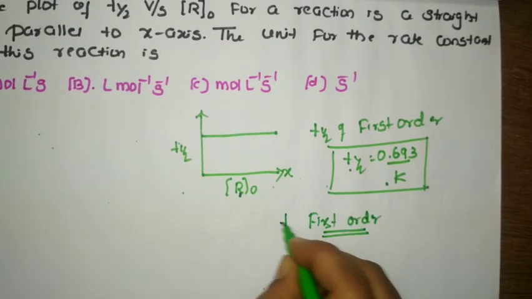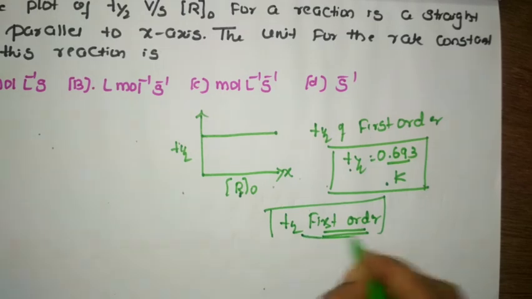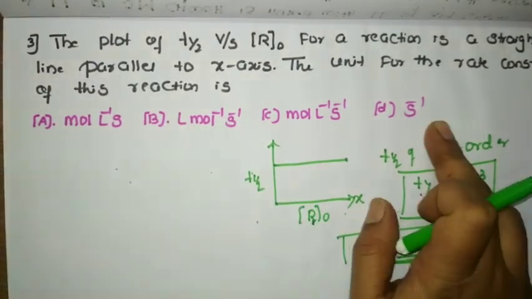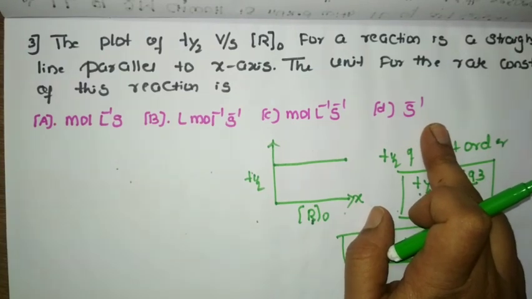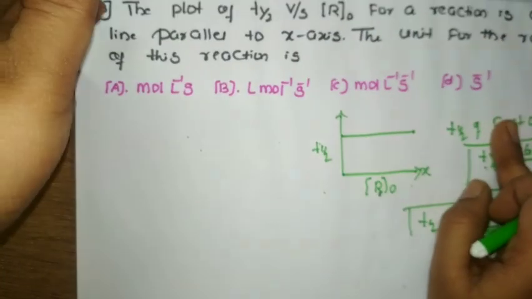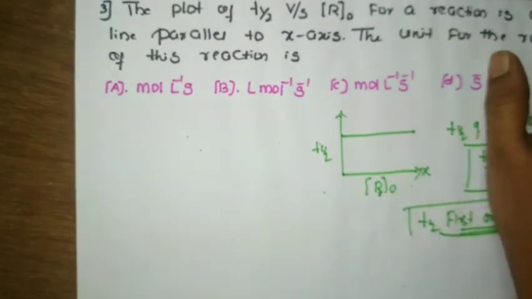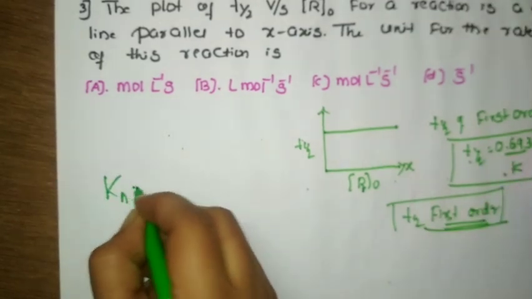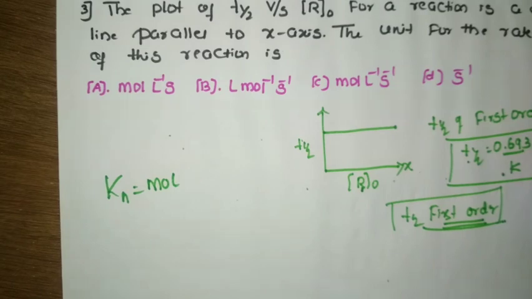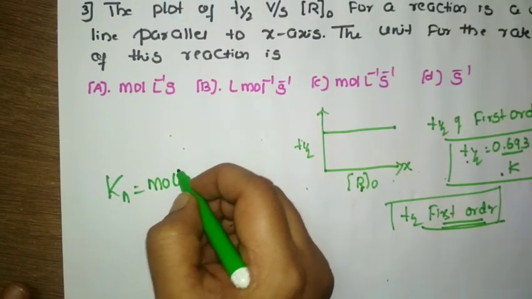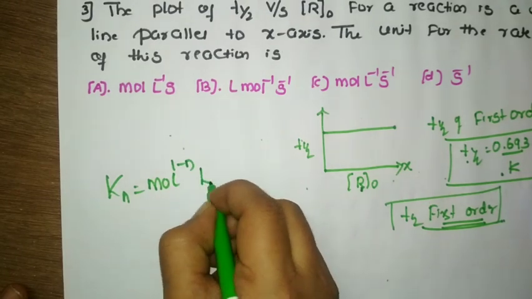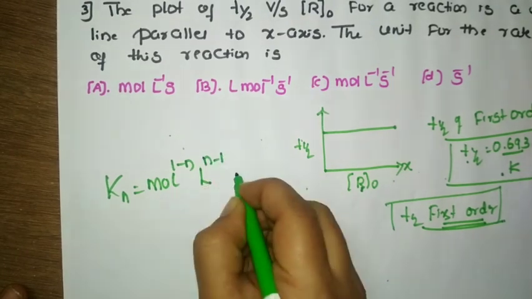The half-life of a first order reaction. Now when we get to know it's a first order reaction, there are many units given, so we should tell which is the order of a reaction. If you won't remember, at least you should know a simple method to find out the order of a reaction, that is K_n is equal to mole^(1-n) liter^(n-1) per second.